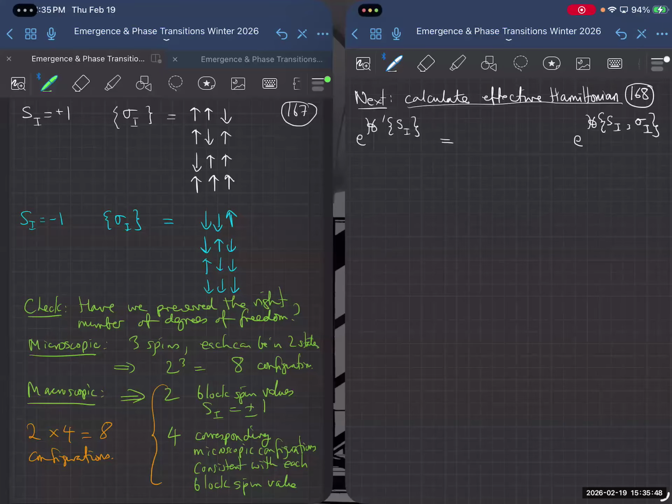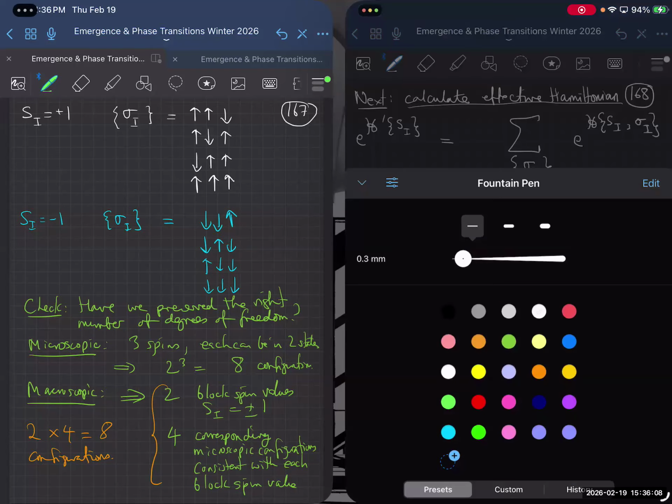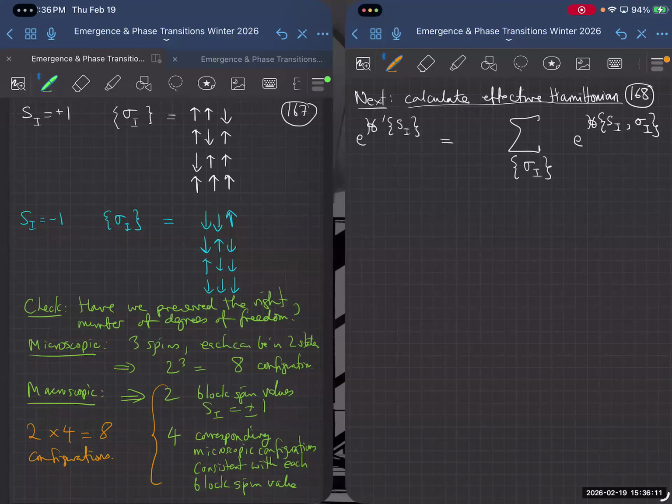That's just the sub spins inside each block spin. And then I'm supposed to do a trace over the microscopic configurations for each block spin. So by writing it like this, I'm integrating out the microscopic degrees of freedom.